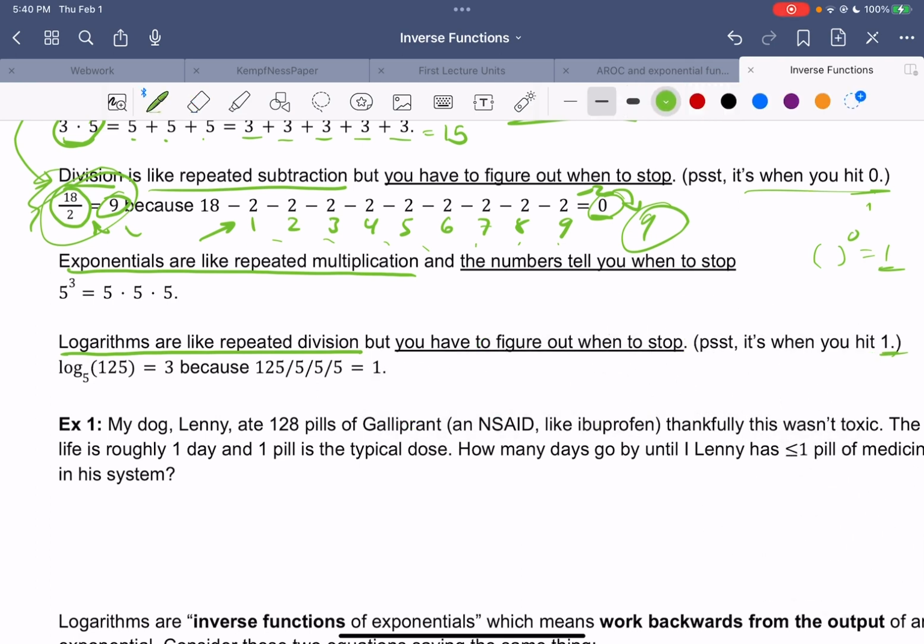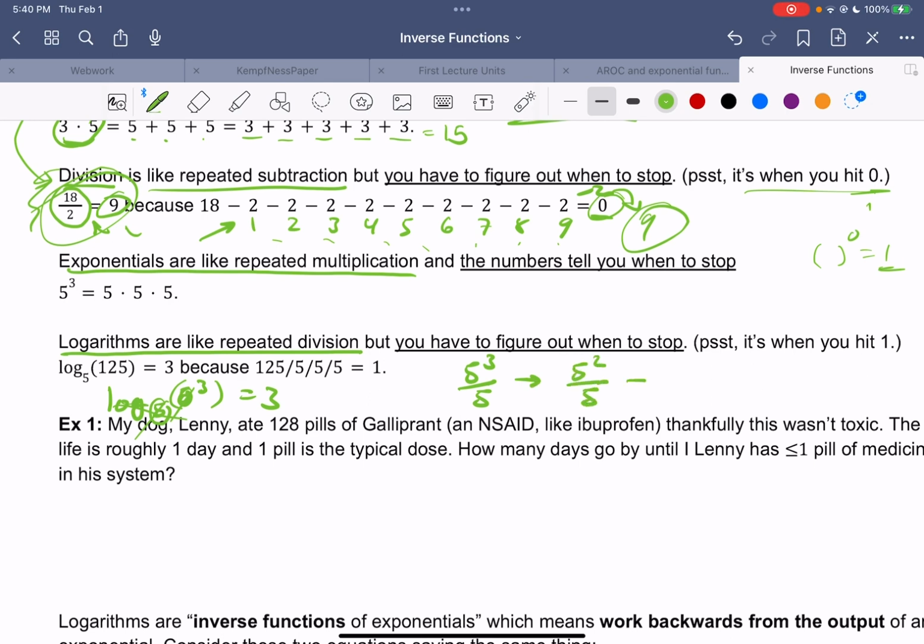Logarithms are hard. You're going to need a calculator for logarithms almost all the time, except for one special case, and that's this special case. So 125 is 5 cubed, okay? And logs are inverse functions, and it turns out that this 3 pops out because this number and this number match, and so the log and the exponent cancel and 3 pops out. But said differently, 5 cubed is a perfect power of 5, so if I divide by 5, I get 5 squared.